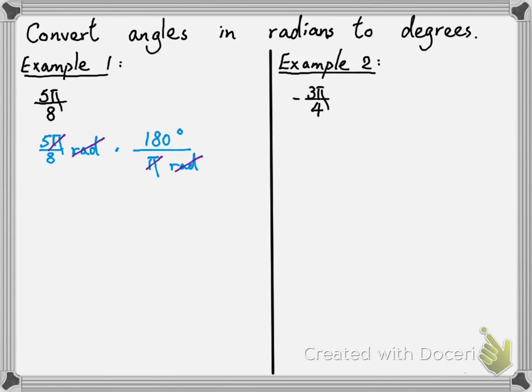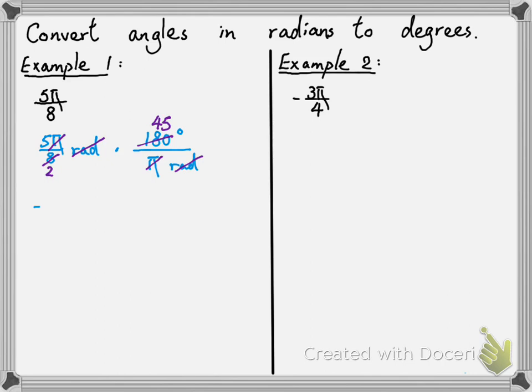Reduce the pi. The numbers 8 and 180 can both be divided by 4. 8 divided by 4 is 2, and 180 divided by 4 is 45.